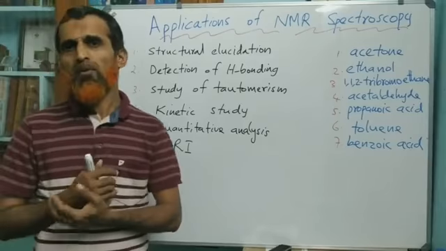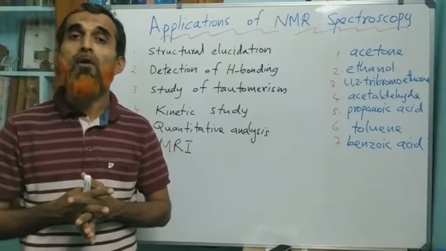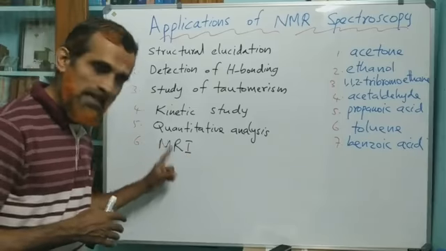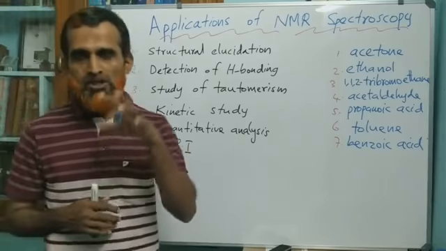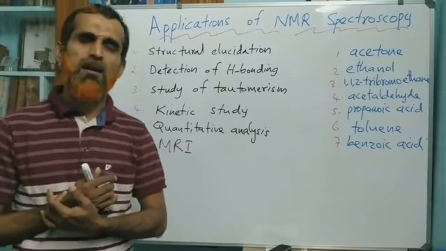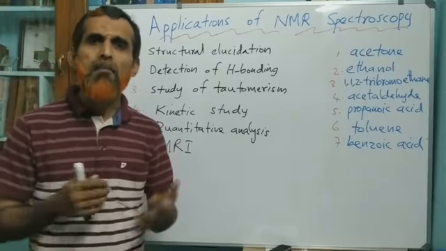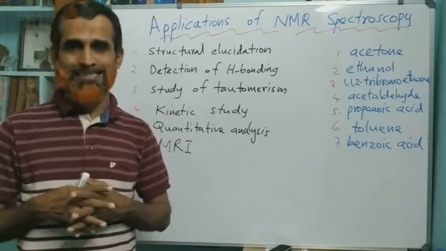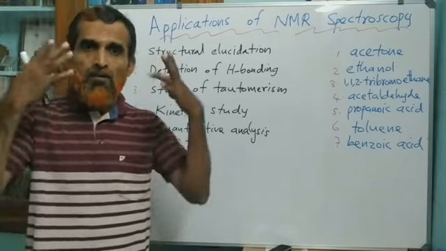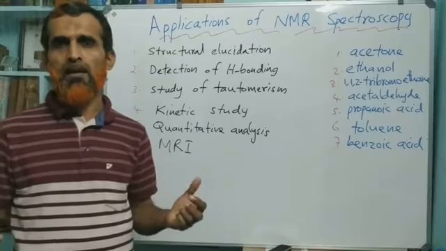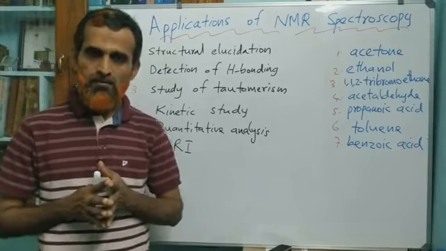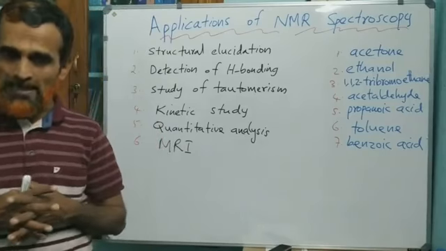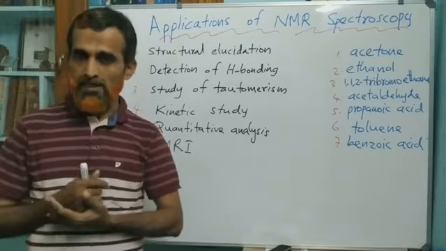The most powerful diagnostic tool nowadays used for scanning purposes is MRI, magnetic resonance imaging, which is based on NMR, proton NMR. In MRI, we are able to take photographs of internal organs. What's the principle? We know that our body contains a good amount of water, which is present in different concentrations in different organs, and water contains hydrogen.